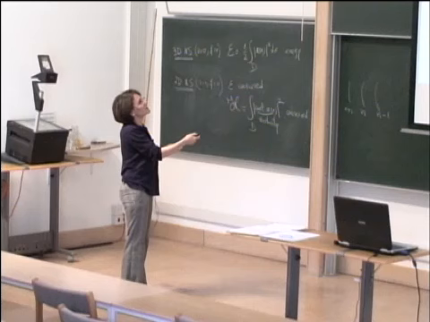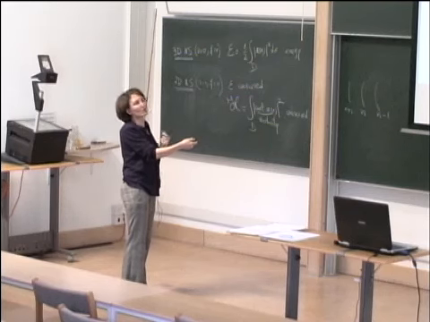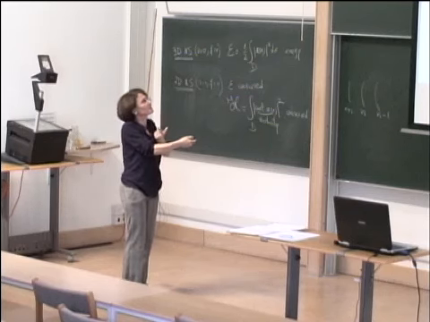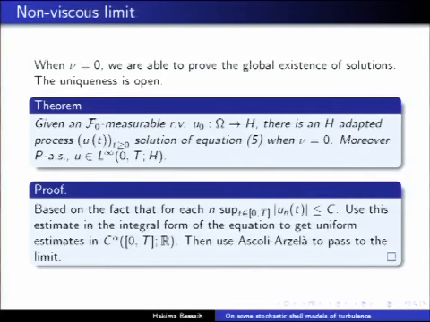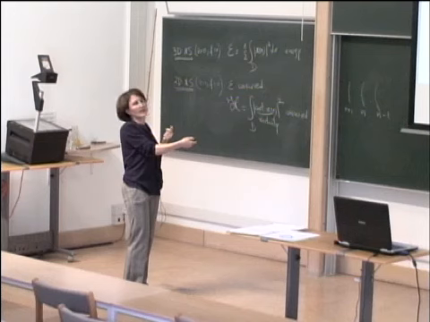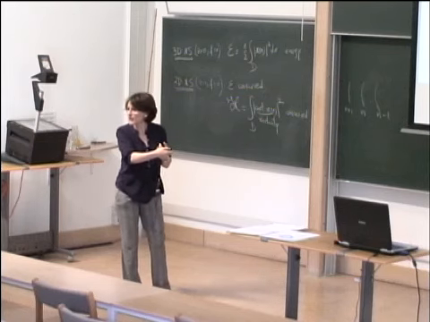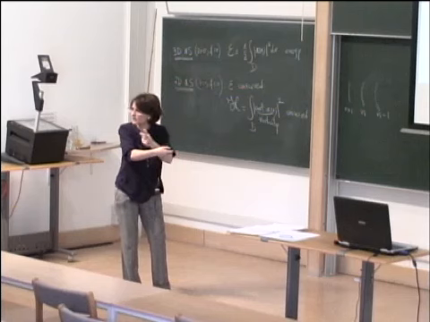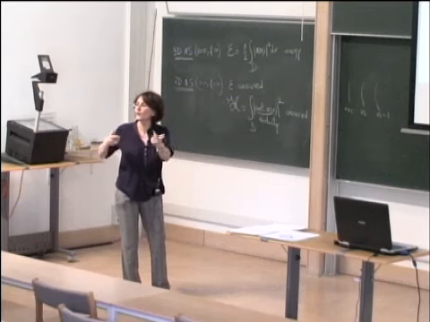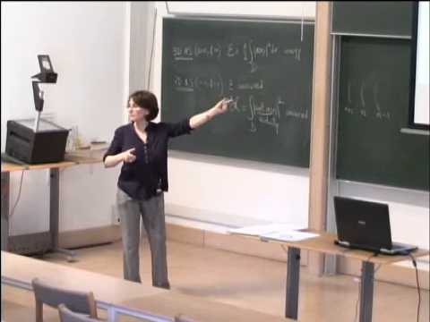If nu equal to 0, we are able to prove the global existence of solution for the stochastic and for the deterministic case. But the uniqueness is open. And I think the uniqueness is open, and actually I think Flandoli in March gave some talks about another similar model, where he proves some kind of uniqueness in law for a similar model, but not this one.